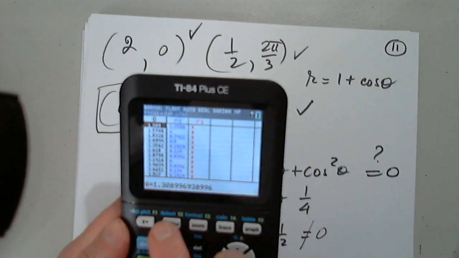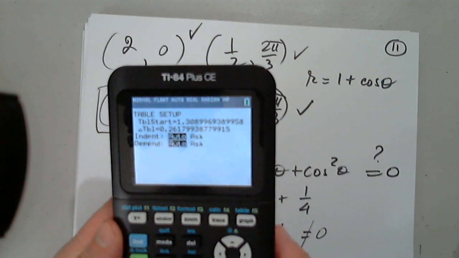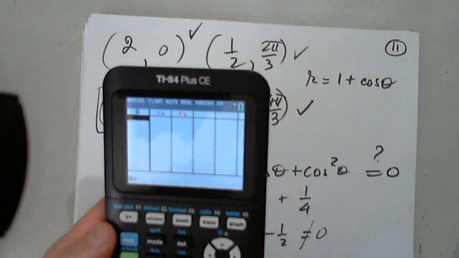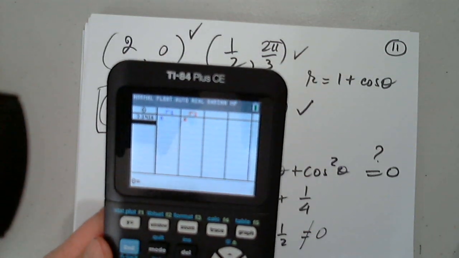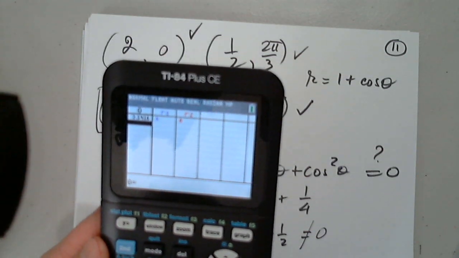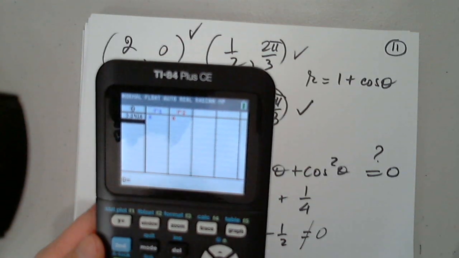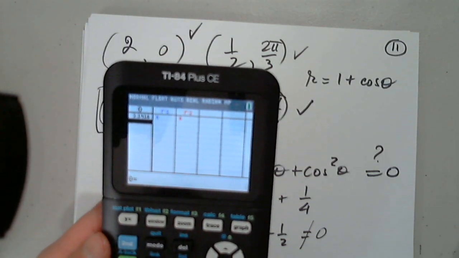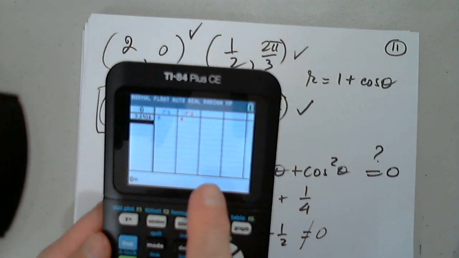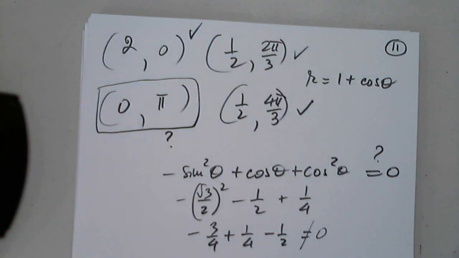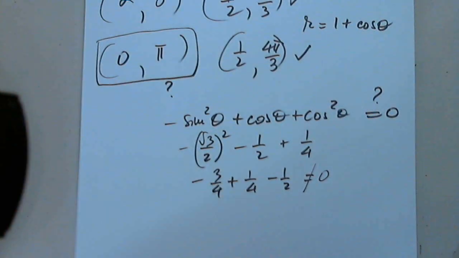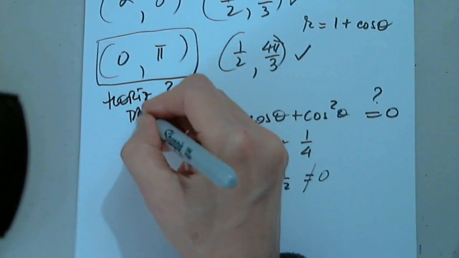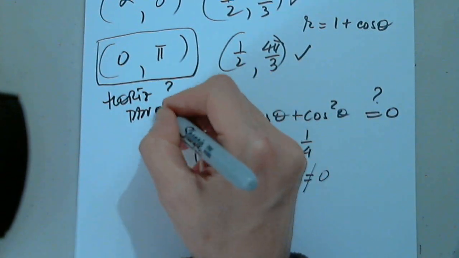I have to change the auto into ask. Okay, so I want to plug in pi and see what happens. So it is a horizontal tangent, not vertical. But how else can I show that? So this is a horizontal tangent, not vertical.